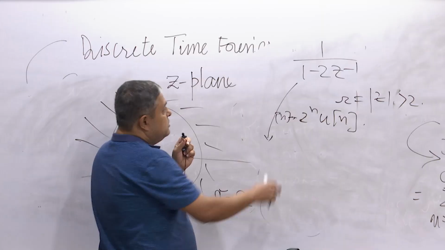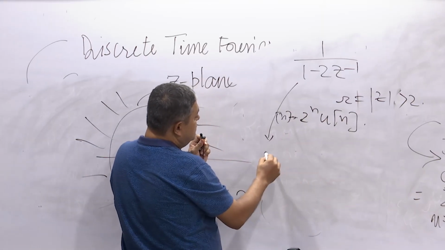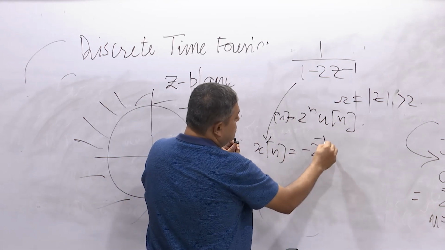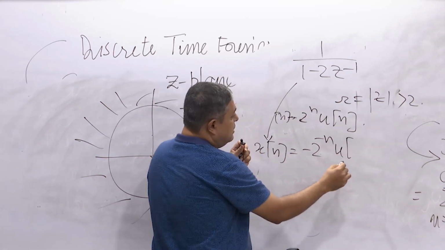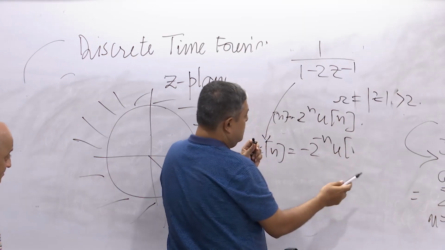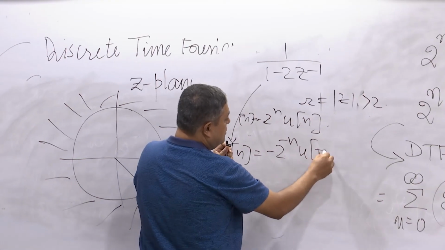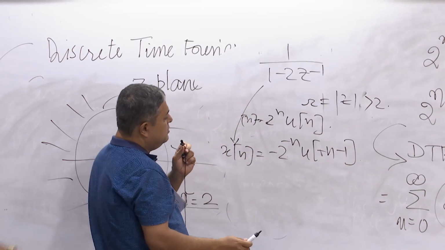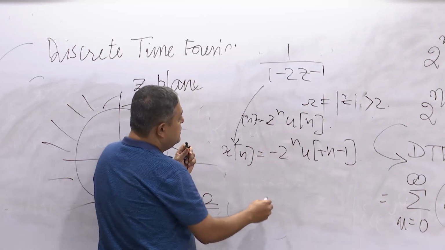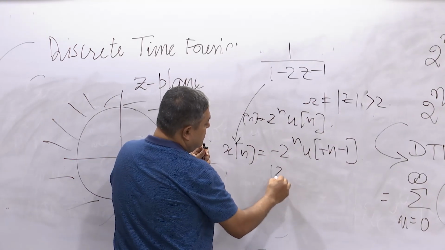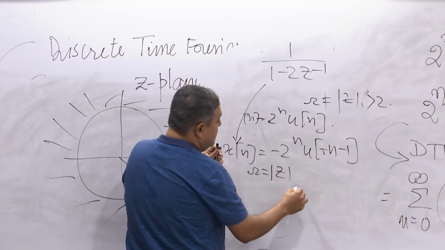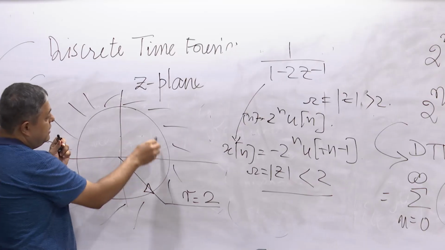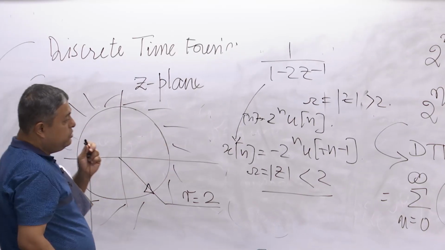So in this case x[n] will be minus 2 raised to n u of minus n minus 1, and this will be for R equal to mod Z less than 2.